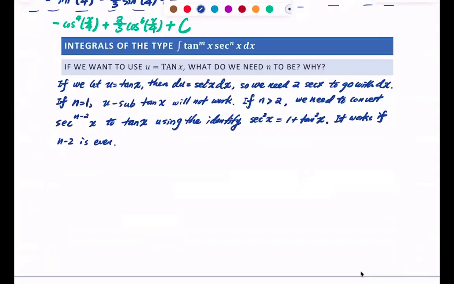All right, so if n minus 2 is even, what about n? Even or odd? Well, even. So this means if n is even, we use up tangent.